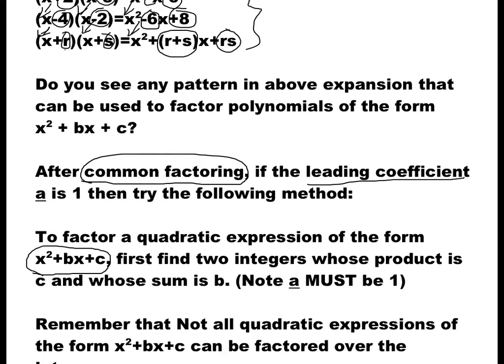And remember, b and c are real numbers. We are going to try to find two numbers whose product is c and whose sum is b. If you can find those two numbers, then the factorization is x plus r times x plus s, if r and s are those two numbers, whose product gives you c and whose sum gives you b.